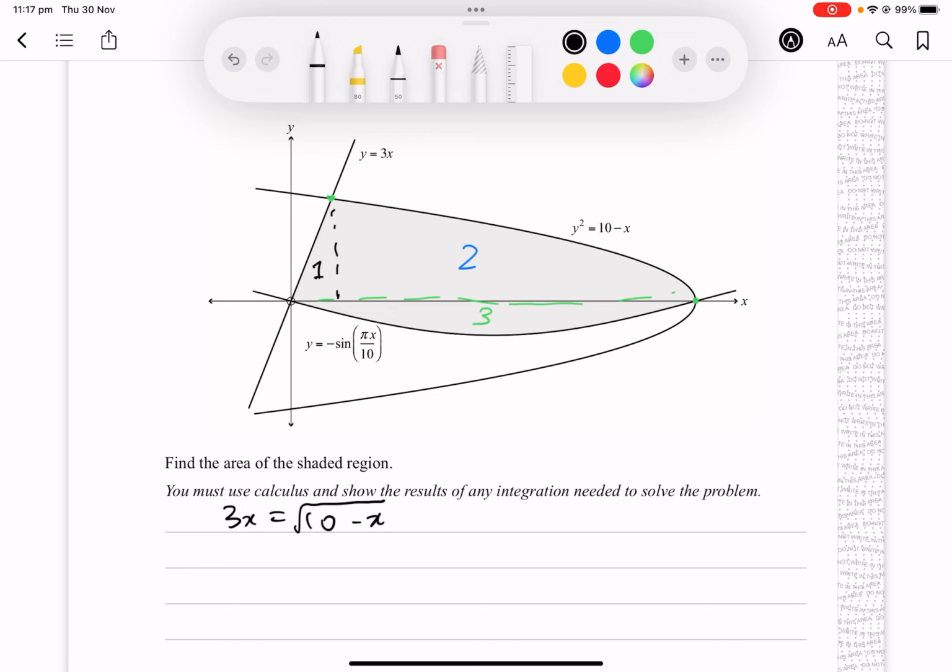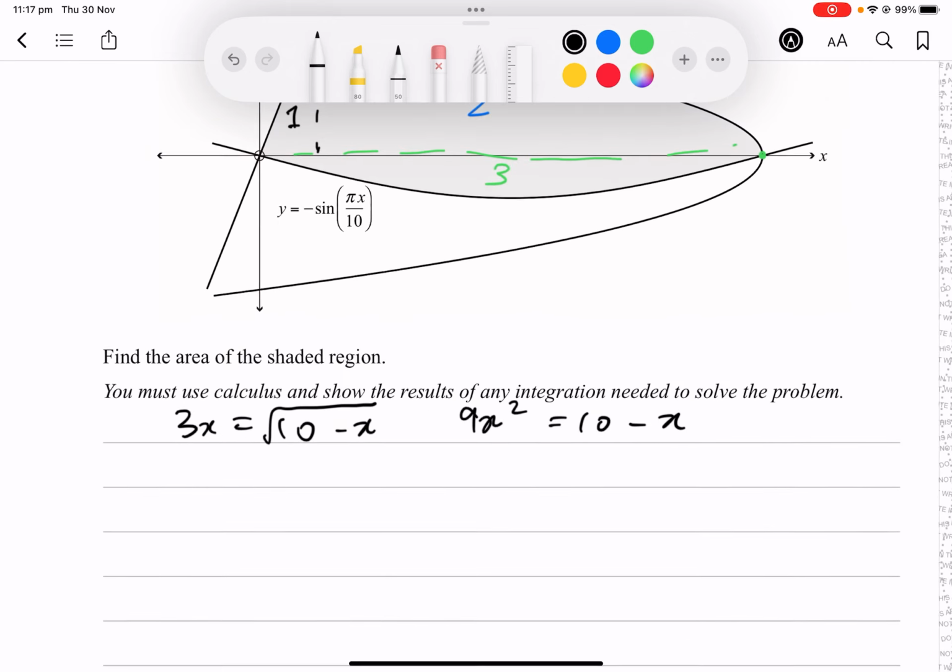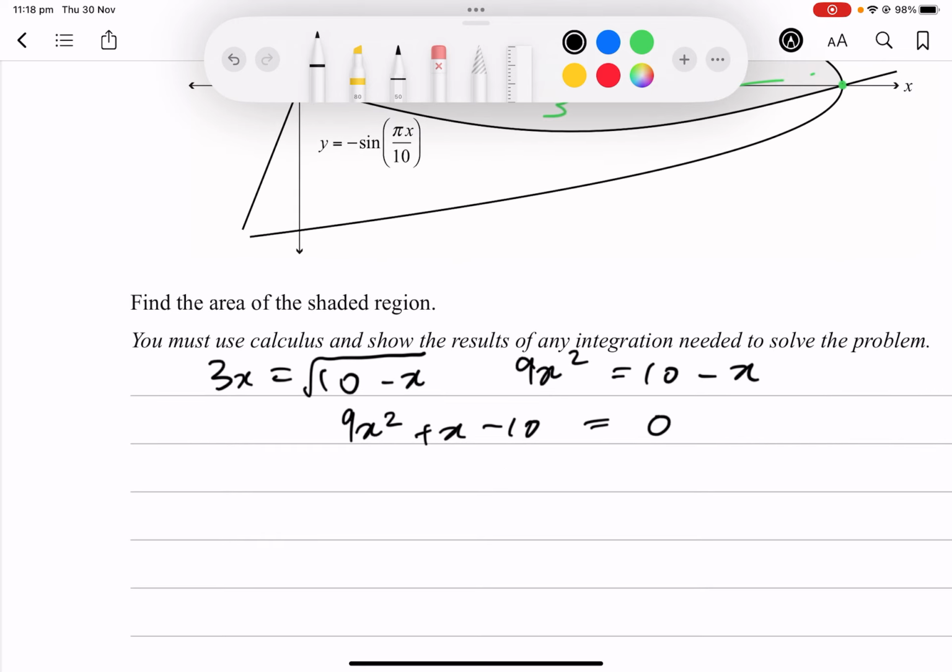So now if we square both sides, we'll have 9x squared equals 10 minus x. And we have 9x squared plus x minus 10 equals 0. So now we just need to find the solutions for this quadratic. Hopefully we can factorize it relatively easily.